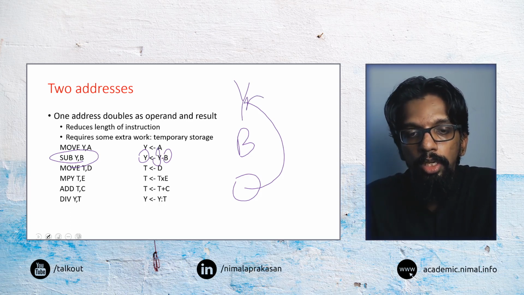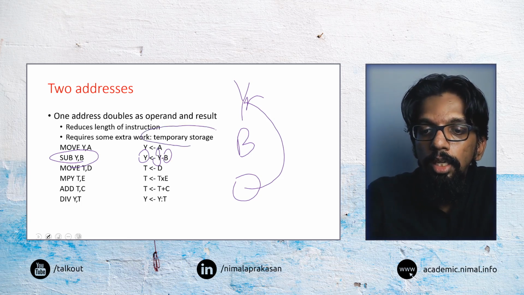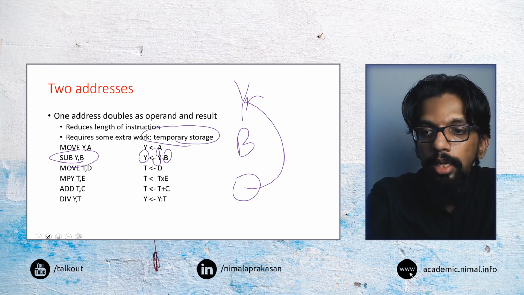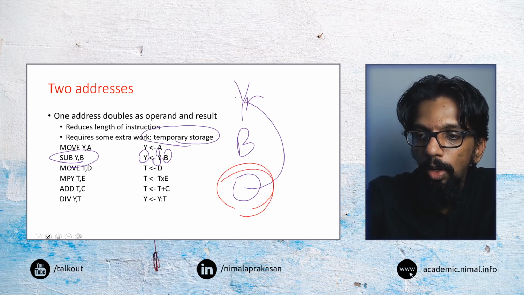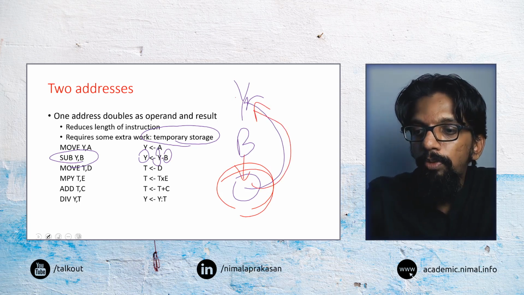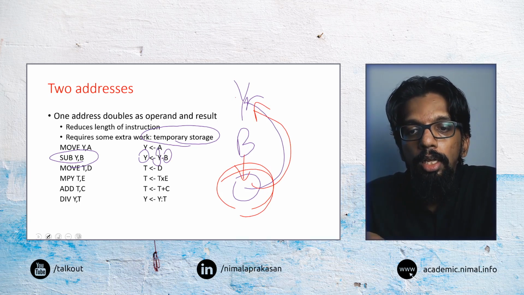So that is using 2 addresses. But the issue is that we need some temporary storage, a temporary location where the operation result is stored before it is stored back at that initial address.